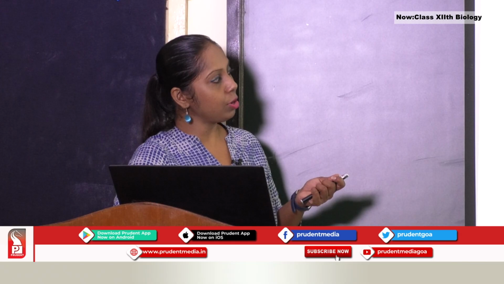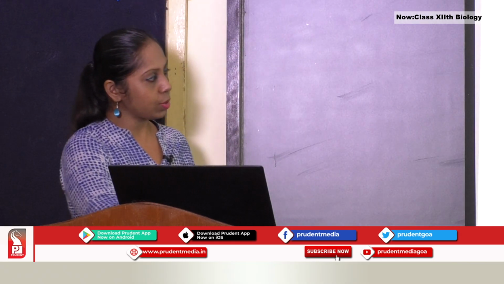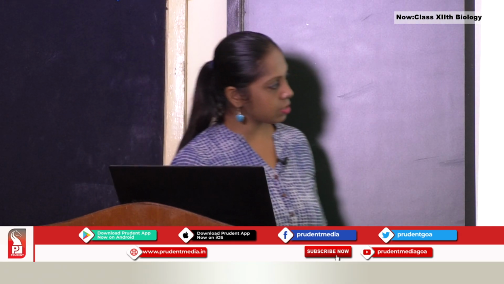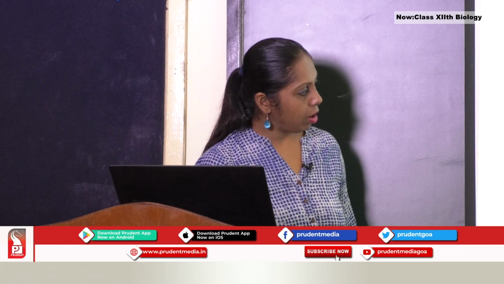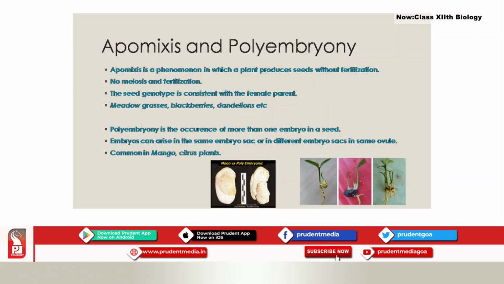And what is polyembryony? Polyembryony, as you can see over here, this is a mango seed where you have a single embryo inside it, and here you have another mango seed which has 2 embryos inside it. So usually 1 seed, 1 embryo.